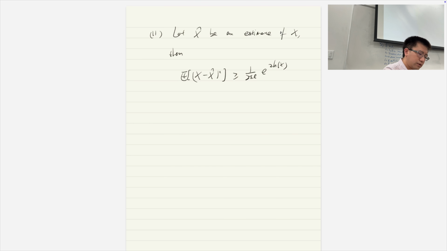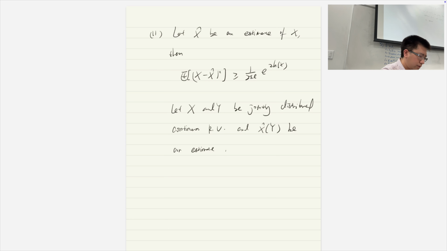Okay, so now we assume that x and y are jointly distributed continuous random variables, and let x hat of y be an estimate of x from y.